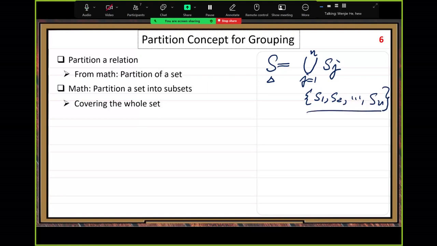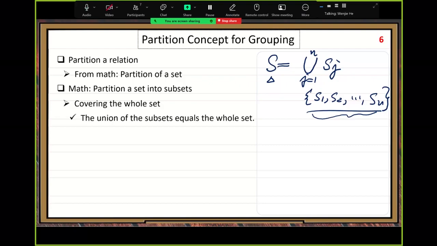The first condition: the union of all these subsets should cover the whole original set. Otherwise, it's not a partition. The whole coverage condition.